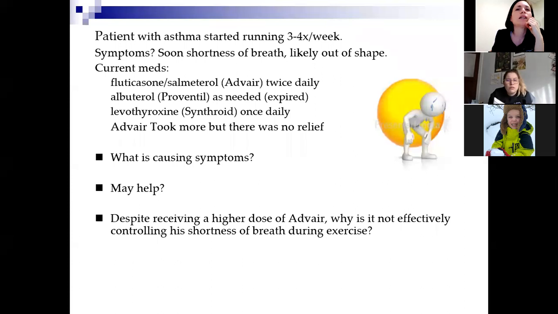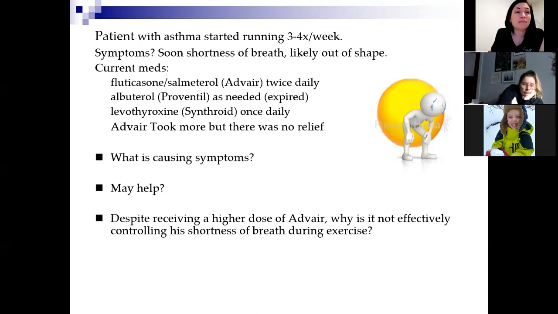I don't know if I like these questions. I think I have to edit. Yeah, they could have something going on, like maybe allergic rhinitis, or maybe they got a cold or something like that. So there could be something like that triggering some of those symptoms.